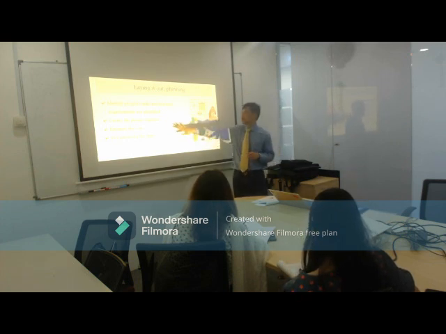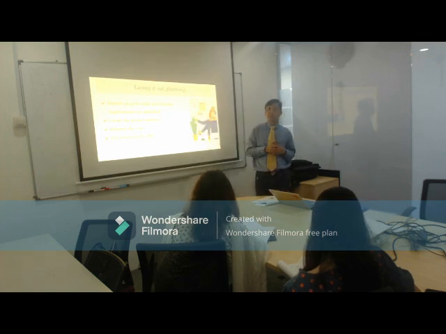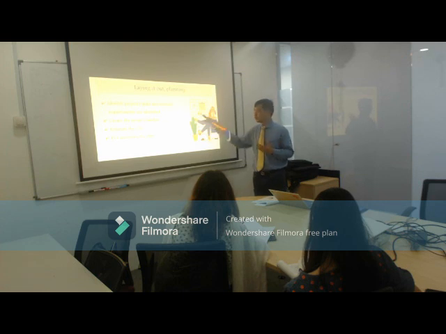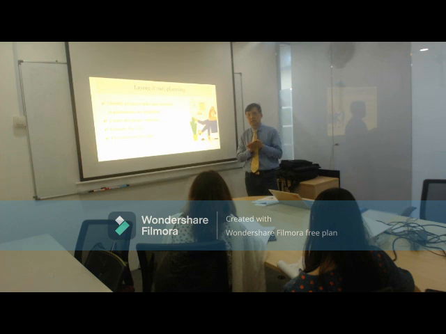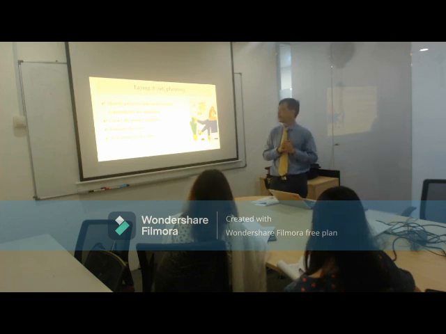So all those things we have to place inside the project timeline. This project timeline, very commonly we have tools for it. One of the common tools that we use is the Gantt chart. We have many ways of creating the Gantt chart. A Gantt chart is basically a chart that provides you a list of tasks and the time to start and time to end. That's the Gantt chart.